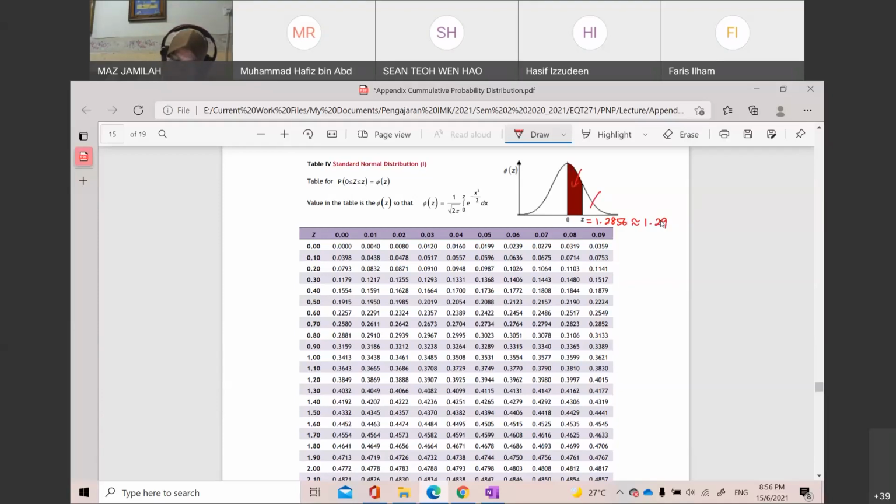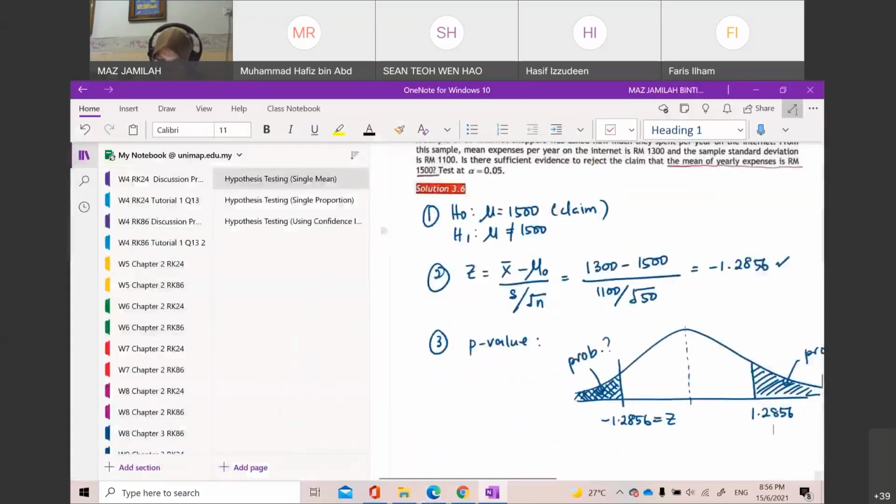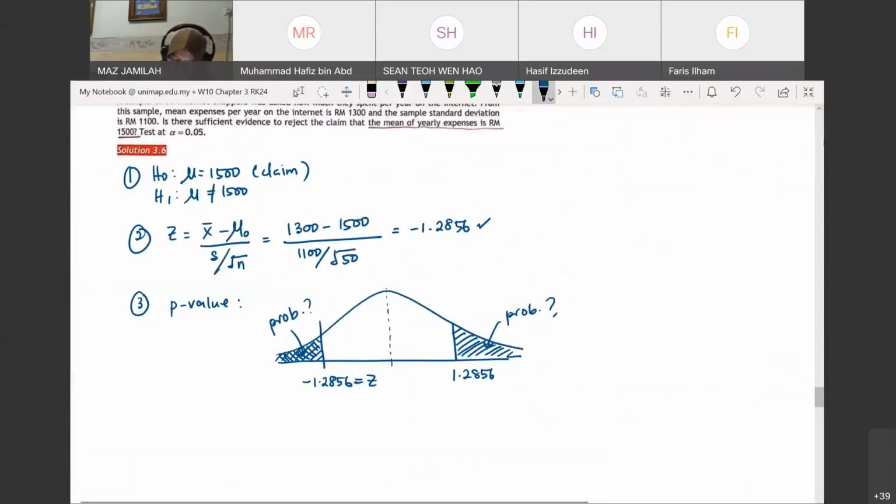We are looking for this one, 1.29, and we know that this one is 0.4015. So this is the area for this particular probability.